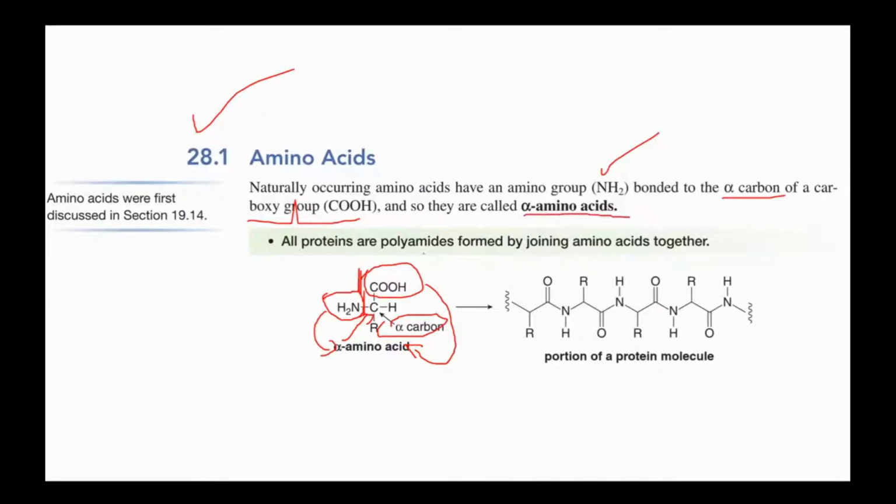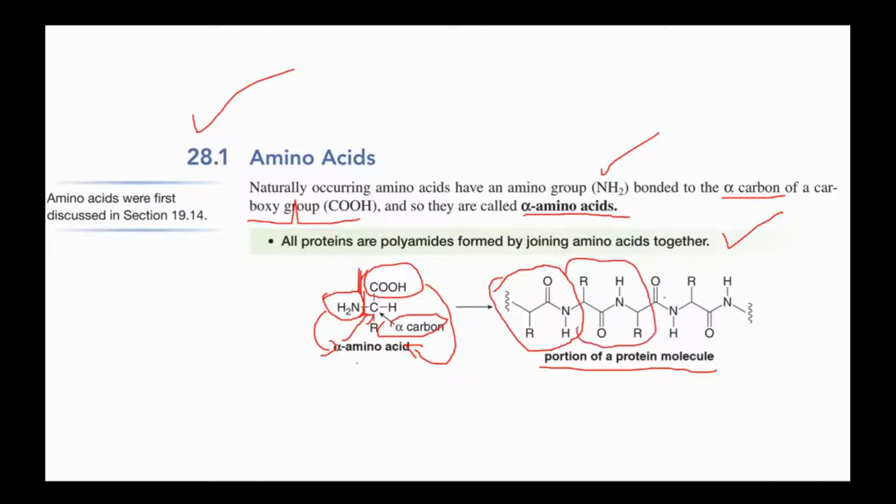All proteins are polymers. This is a very important point. All proteins are polyamides formed by joining amino acids together. So a portion of a protein molecule contains this kind of portions. For example, this is one amino acid part joined together with another amino acid part.